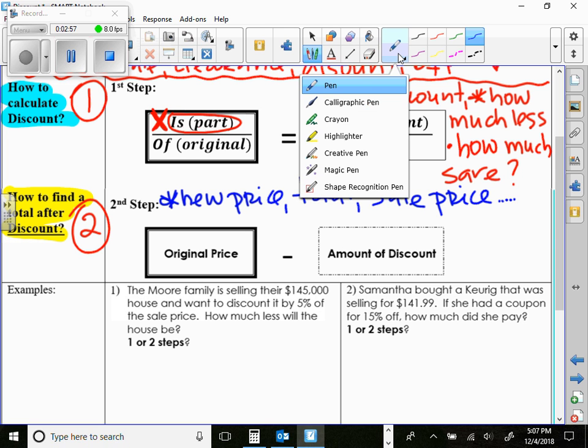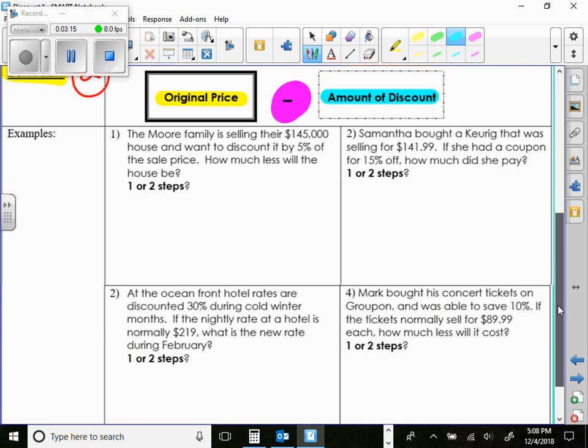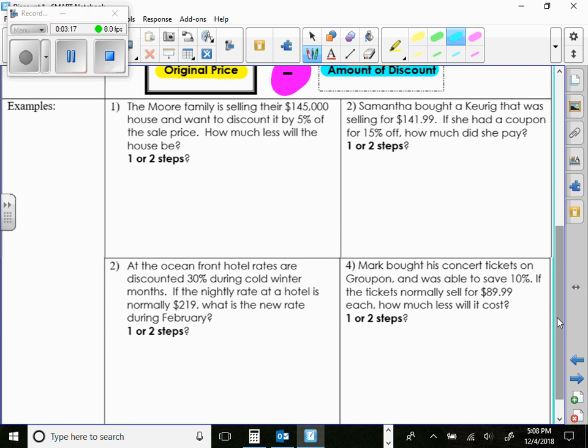What will happen during that second step is we will take our original price and we will subtract the amount of discount that we just found in our first step. Our x is the amount of discount. So let's put this to practice and see how we answer those types of questions.